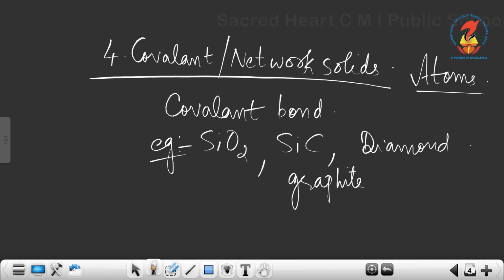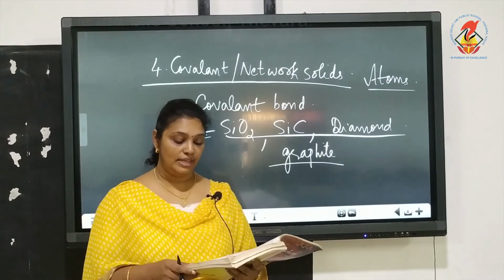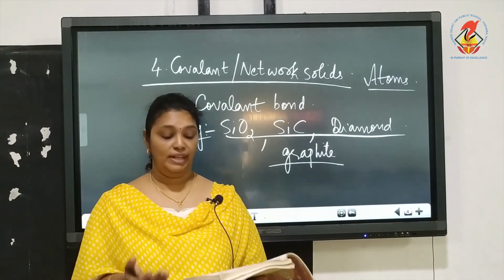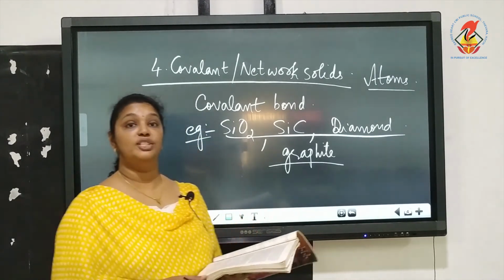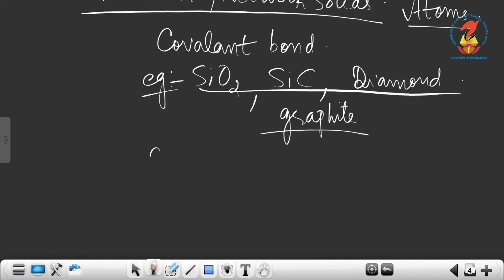But the properties of silica, silicon carbide and diamond are the same, and differ from the properties of graphite. In these covalent or network solids, the force present is the covalent bond between adjacent atoms. So they are also called giant molecules.